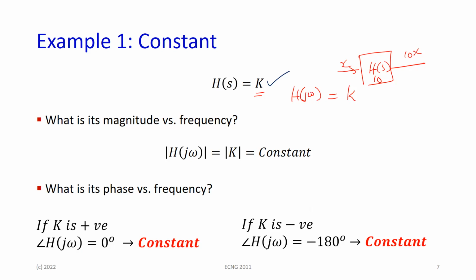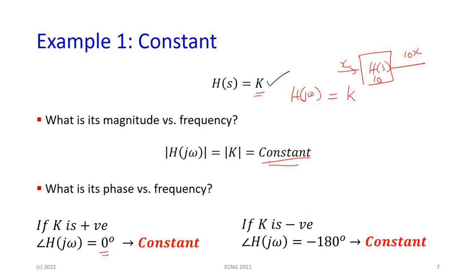And what happens as I vary the frequency with that? Nothing, right? If I were to plot this, the magnitude remains that constant. And similarly, what about the phase? If K is positive, a positive number has 0 phase.